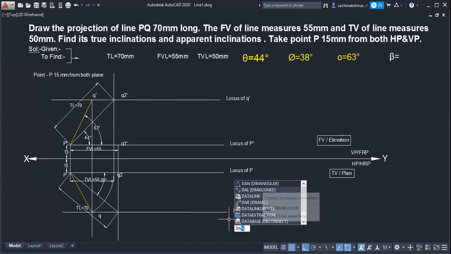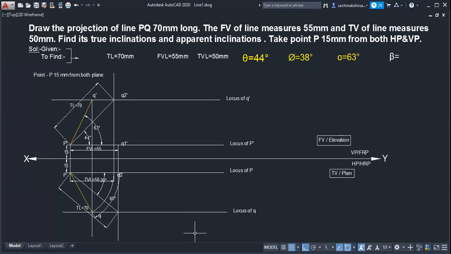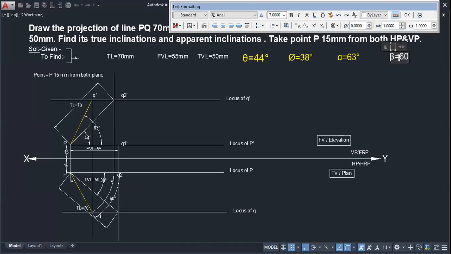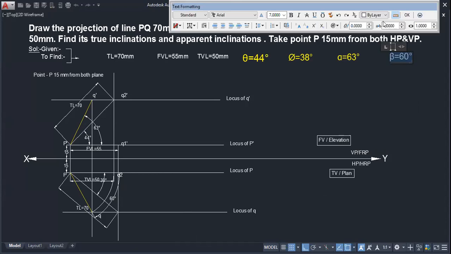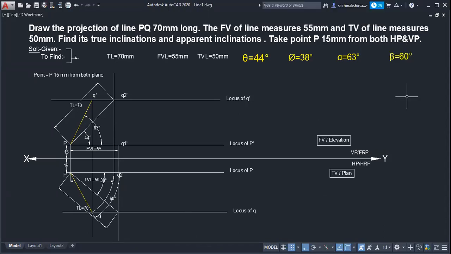Any other? 60. Exactly it is 60 degrees, plus or minus 1 or 2. Exactly it is 60 degrees. This was also one of our answers.